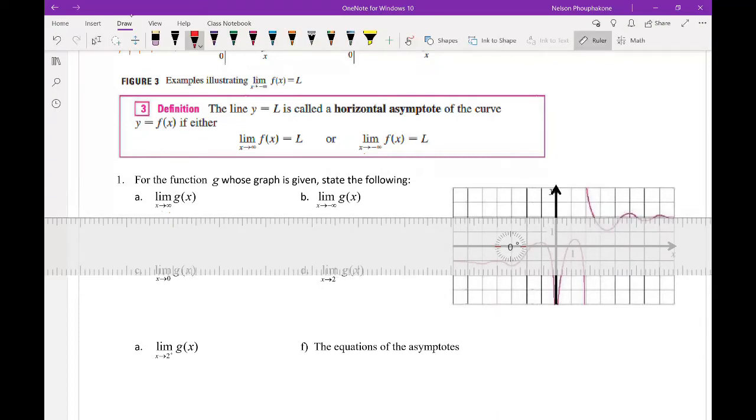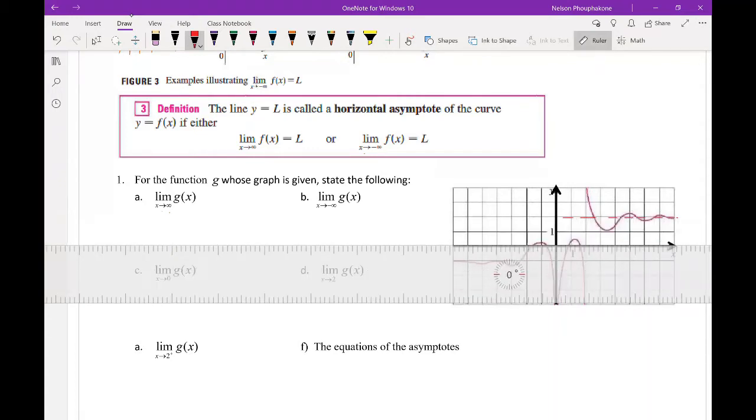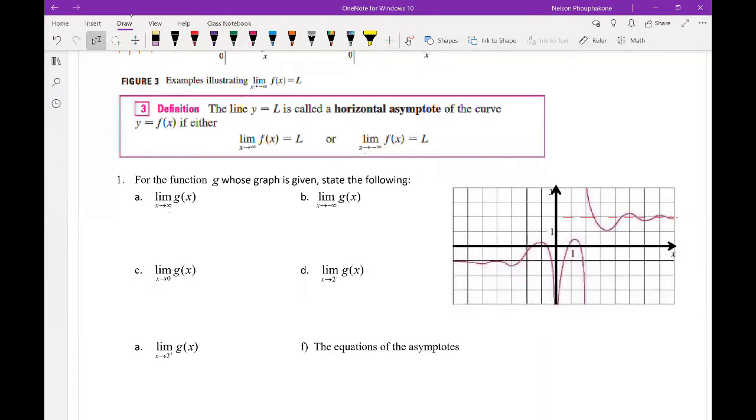You will see that the output, the function, is getting closer and closer to this line, y equal to 2. So my answer will be equal to 2.